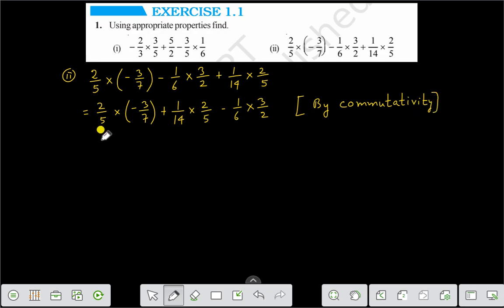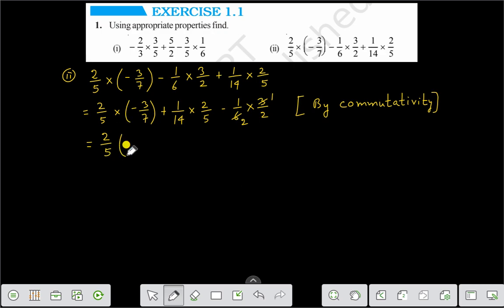Now we can solve in this way. If we cut this one, 3 1 is 3, 3 2s are 6. Here you see 2 by 5 into minus 3 by 7 plus 1 by 14 into 2 by 5. We can take 2 by 5 as common.